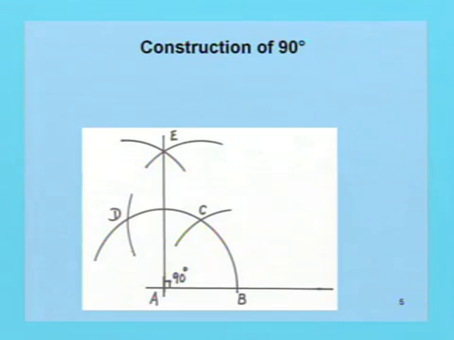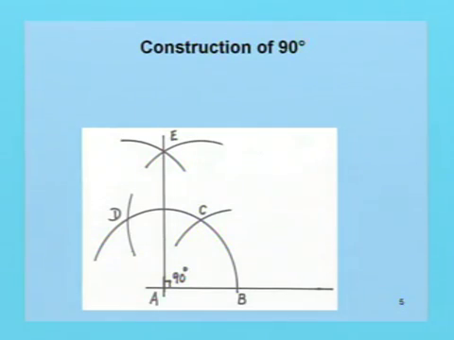From C to D would be 60. B to C would be 60, so we need 30 more to give us 90. So it's easy to find half of 60, and it is the second 60 we are going to bisect now to find the 30.